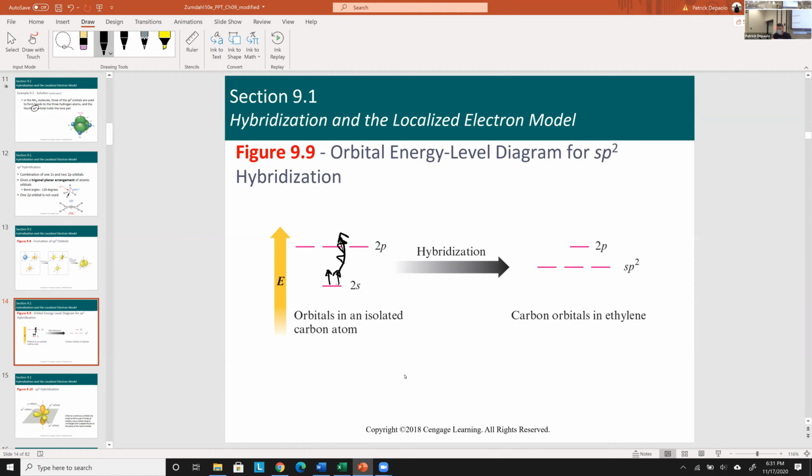You have different elements here, but let's say you have it like that. One of these electrons will come up to here, and then you'll have 3 sp2 hybridized orbitals.